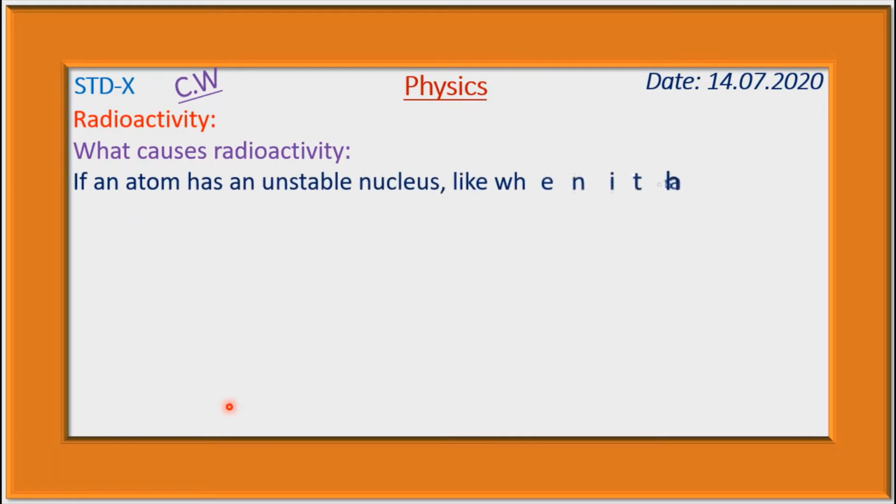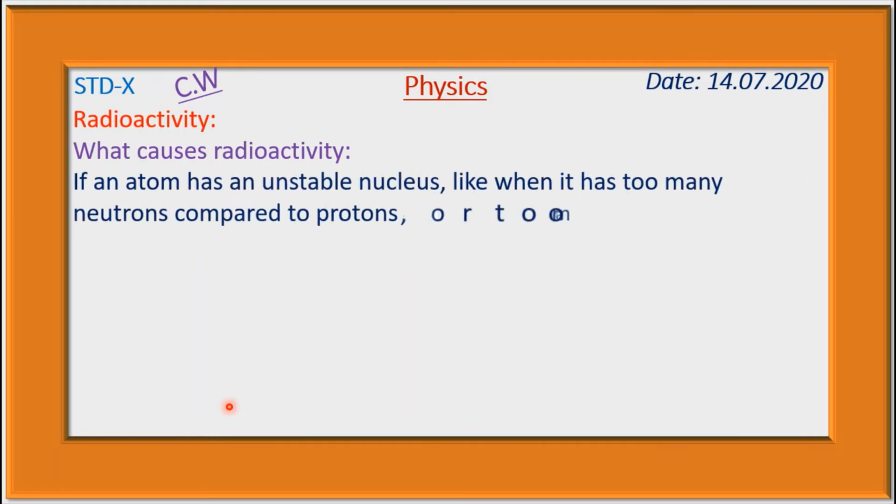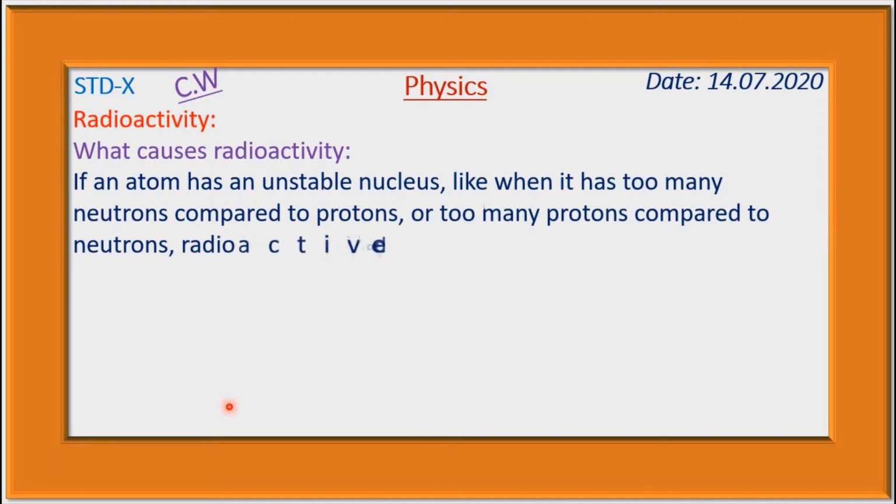If an atom has an unstable nucleus, like when it has too many neutrons compared to protons or too many protons compared to neutrons, radioactive decay happens. That is, if the atom has excess protons or excess neutrons, the atom is unstable, and this unstable atom is a radioactive atom.